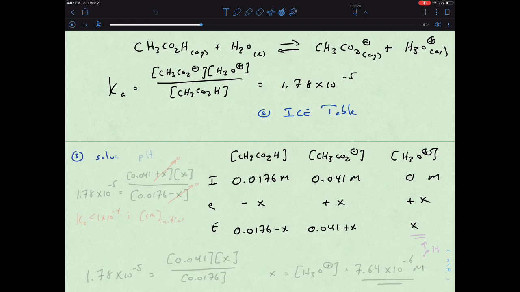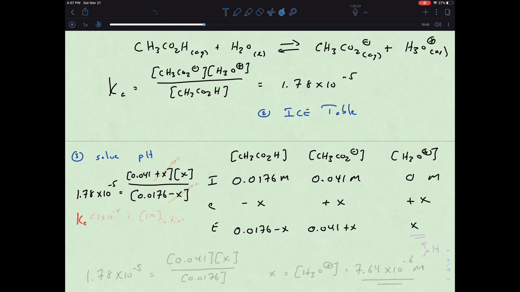That means now we can solve for our pH, right? Our 1.78 times 10 to the negative fifth was equal to 0.041 plus X times X over 0.0176 minus X. Again, we made the assumption in part A, and we can do it again here, right?